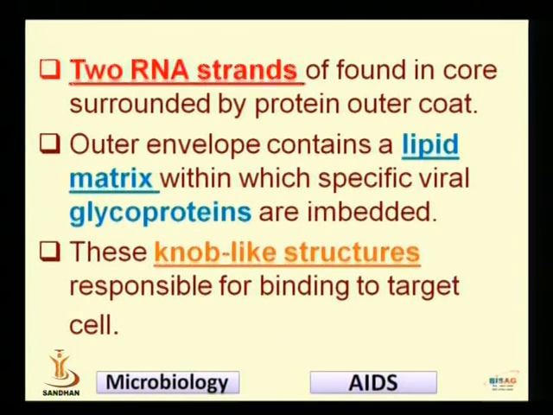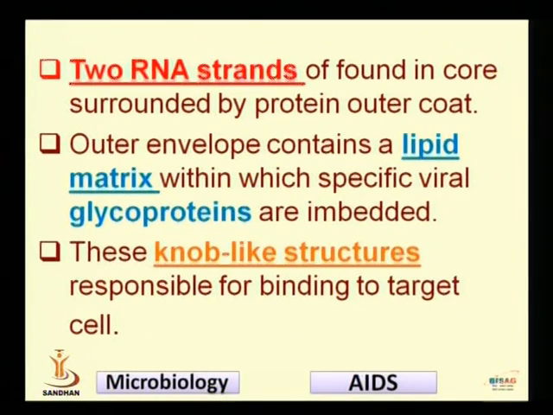Apart from that, if we consider the genome of this virus, as I have told you, it is an RNA-containing virus, but the genome is distributed in two strands. That is, it has two RNA strands found in a nucleocapsid, a protein outer coat.